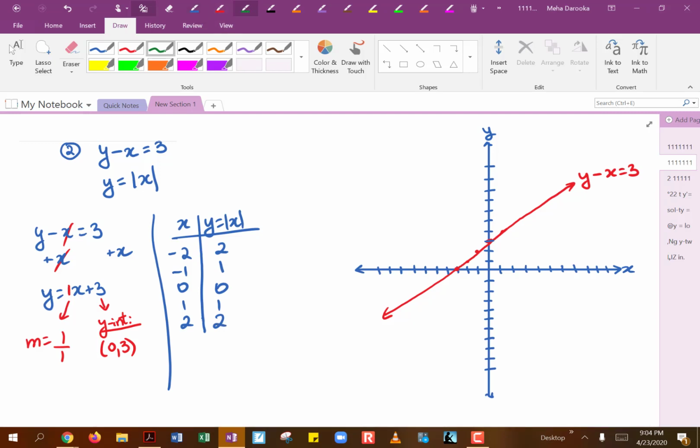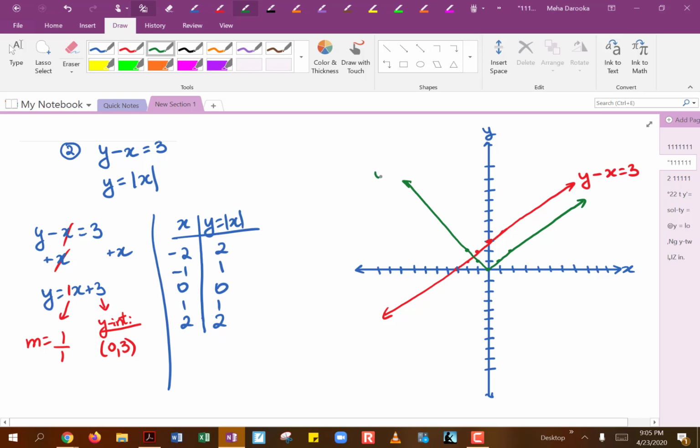So when you graph this, we will have (-2, 2), (-1, 1), (0, 0), (1, 1), and (2, 2). So let's see, this arm will go this way, and then this arm will go this way.